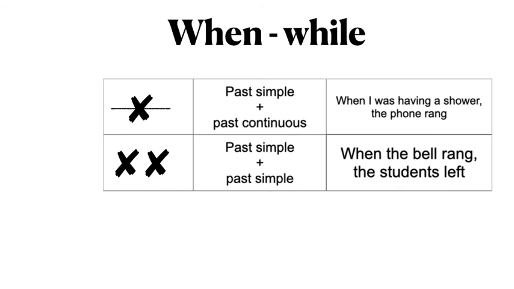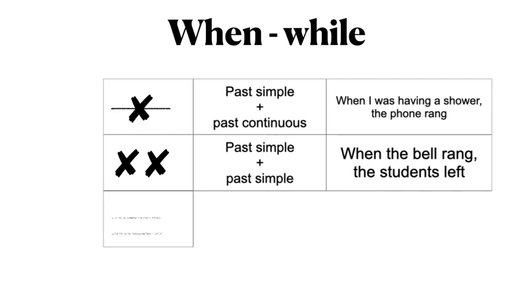This is basically the structure you use when you are describing events in the past. You just talk about things that happened one after the other. So that's why I was telling you at the beginning of the video that usually you always use past simple unless you want to give the action a different meaning.